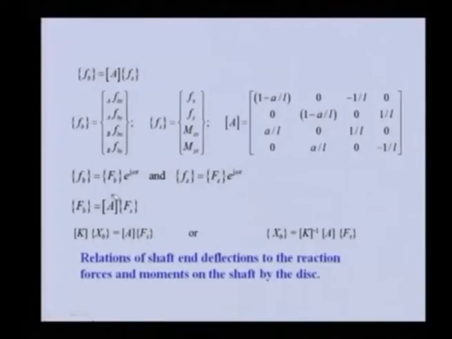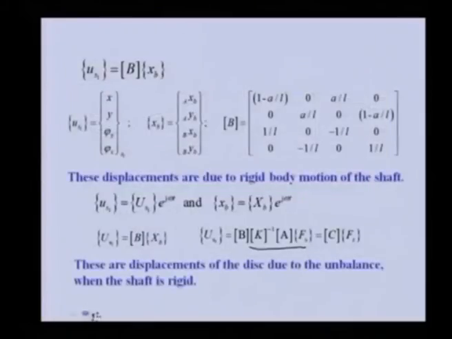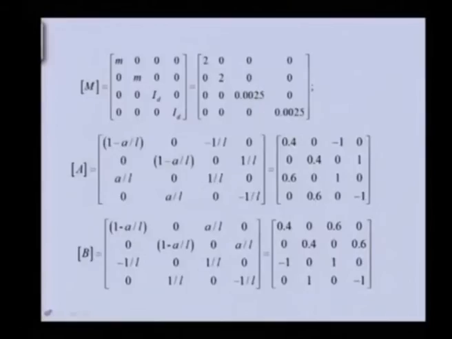The A matrix related the bearing force and shaft reaction force. The B matrix we related when we considered the shaft as rigid. So these are the A matrix and B matrix for our numerical problem.